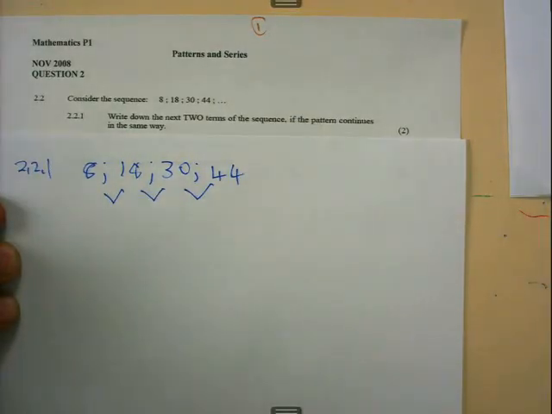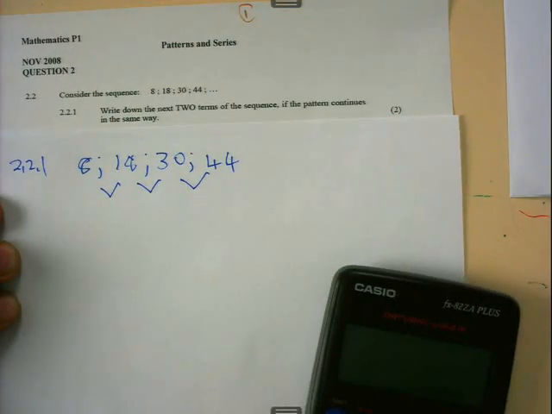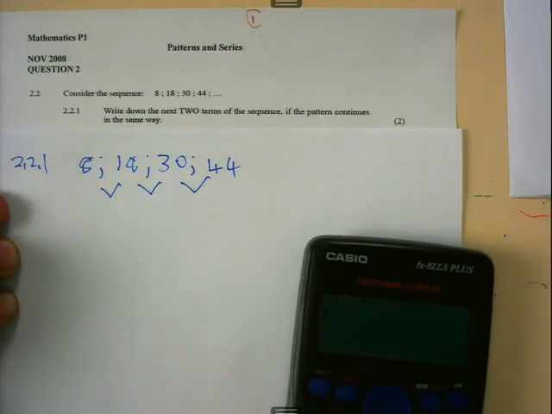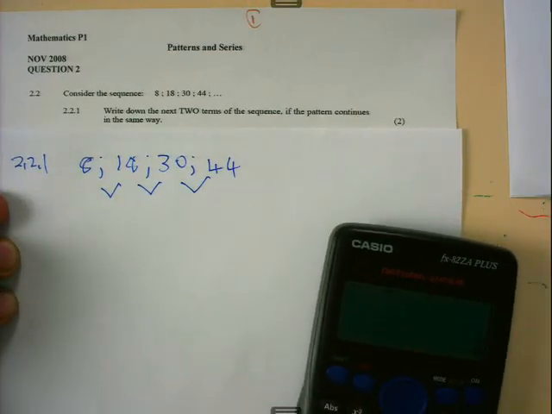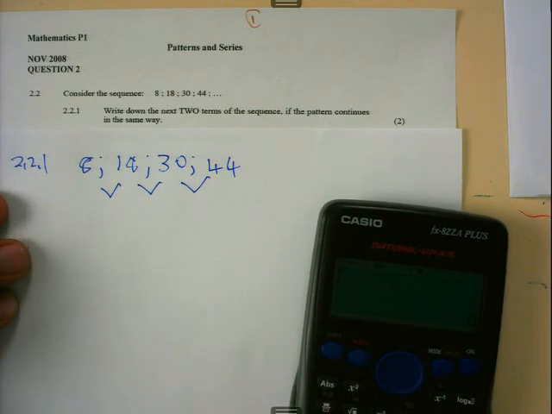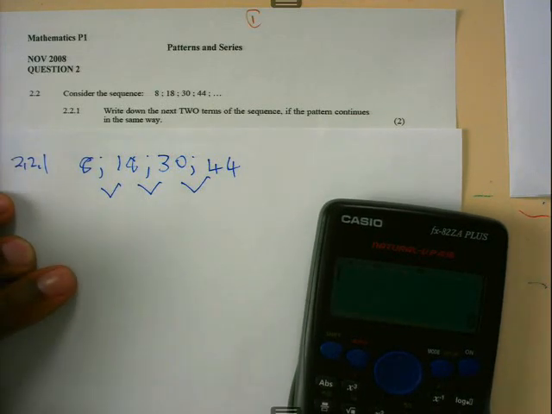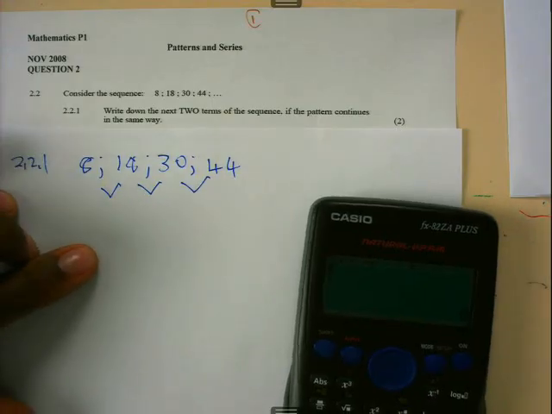We need to have the first difference first. If the first difference is the same, we know that we are going to have the linear. But if it's not the same, we look at the second difference. If the second difference is the same, then it's a quadratic. But if it's not the same, we must look at a constant ratio. That one will be very important because it will take us to the geometric sequence.